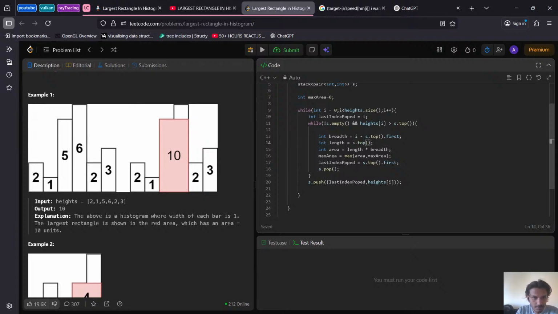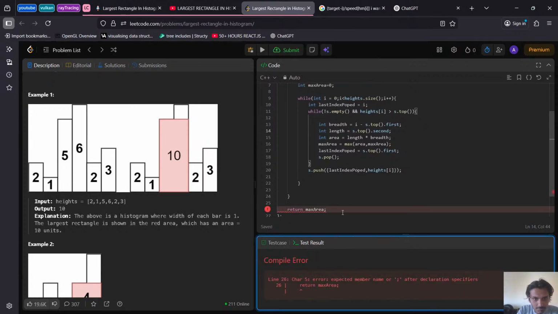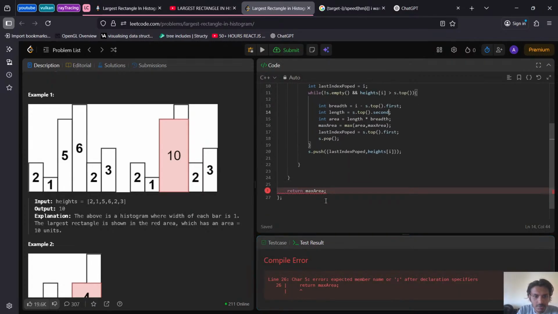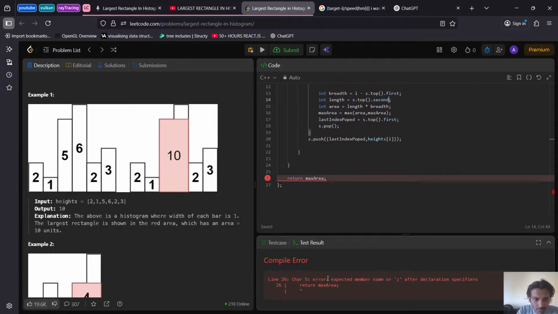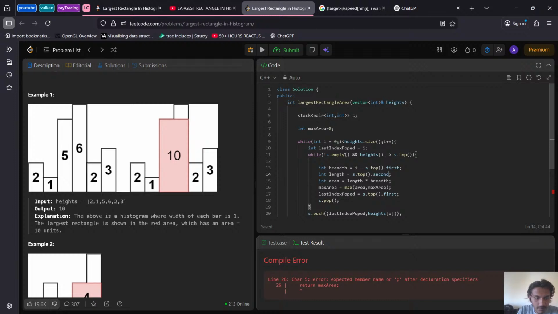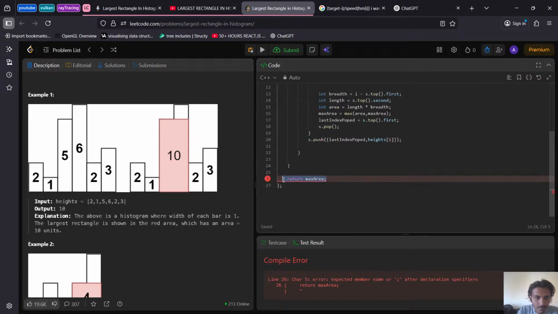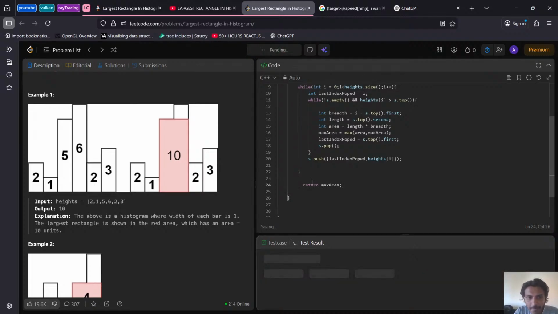Top. That height, that is second as a zero and this second. Okay? Then return max area. So what's this? Okay, so then let's just return this one. Okay?